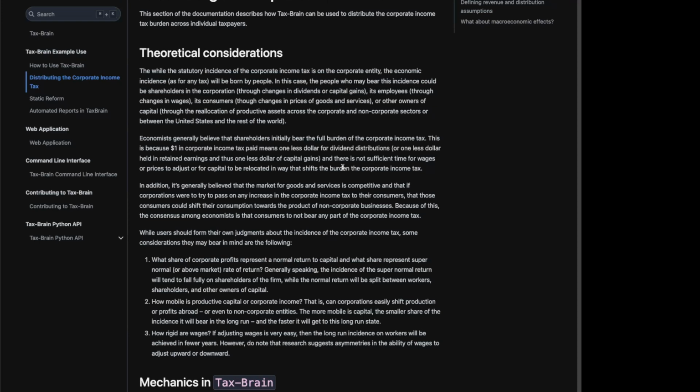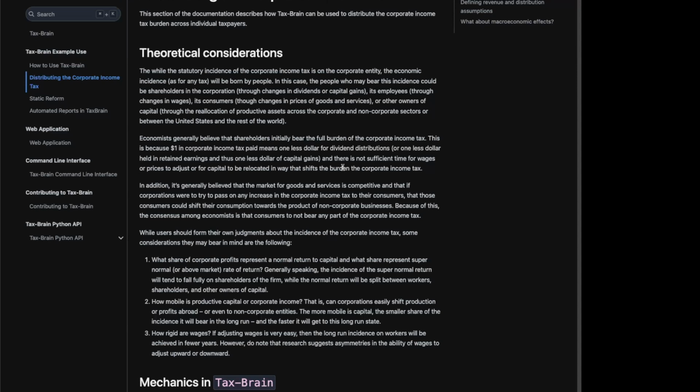If corporations try to raise their price, non-corporate entities not paying this corporate income tax could undercut the corporate price. And so we think that it's very unlikely in general that the corporate income tax is going to be passed through to consumers. Okay, so that basically leaves us with two groups: owners and employees.